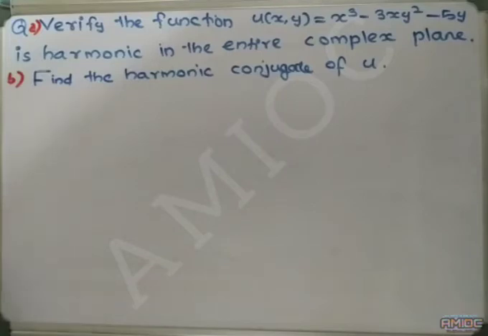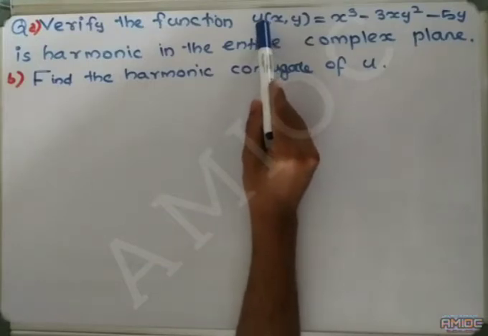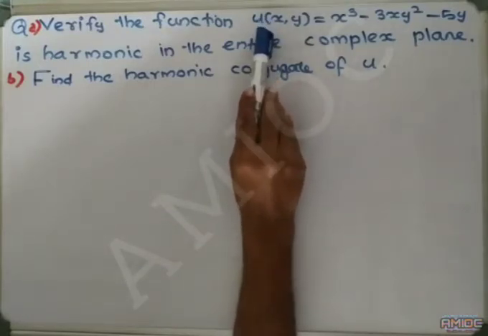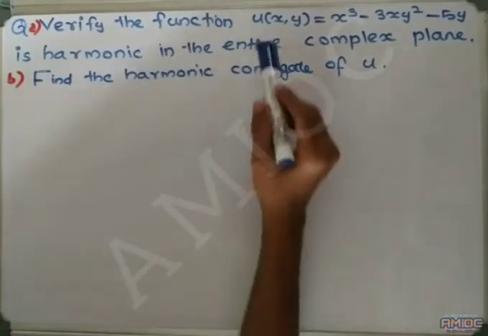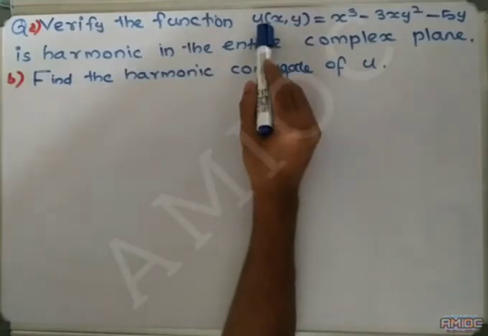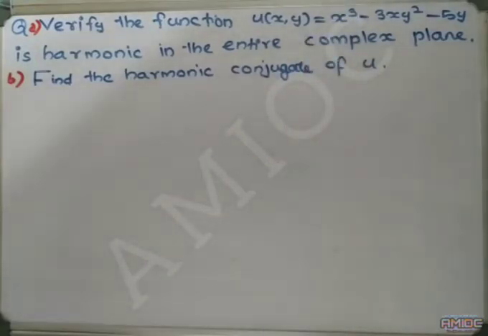In order to find whether the given function is harmonic or not, we have to check whether it satisfies the Laplace equation. First of all, we find the derivative of u with respect to x and the derivative of u with respect to y.